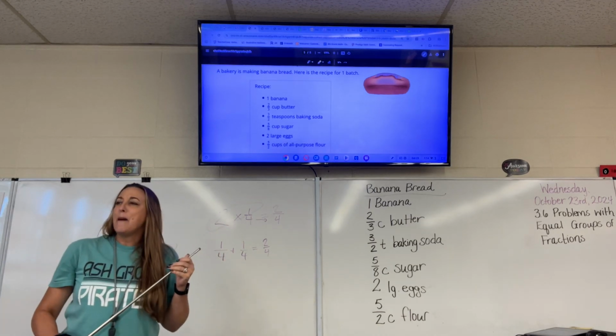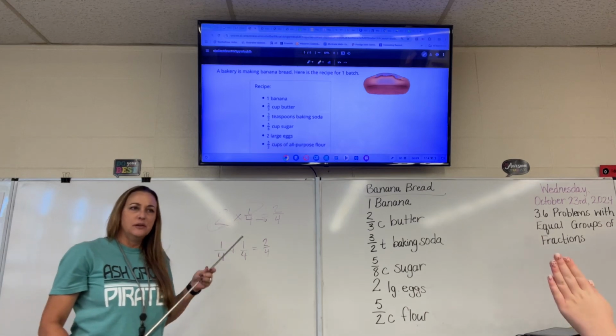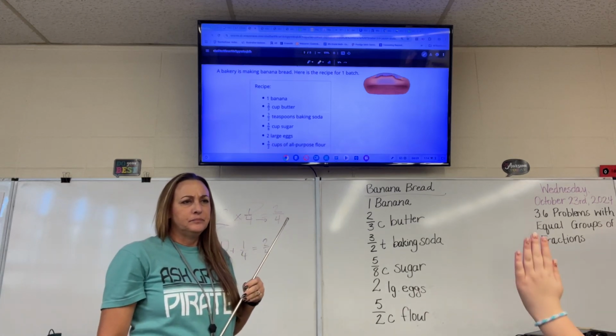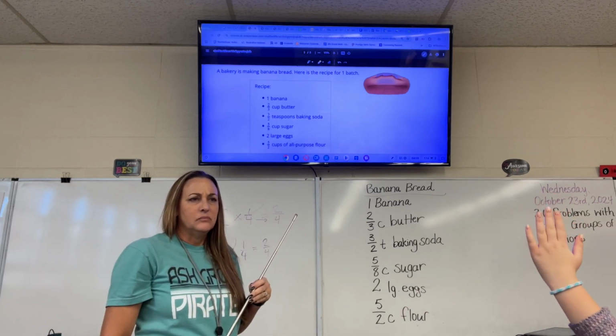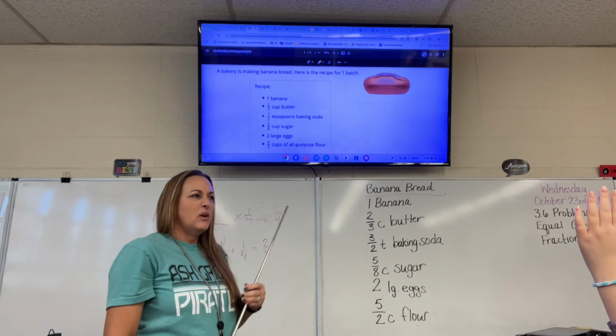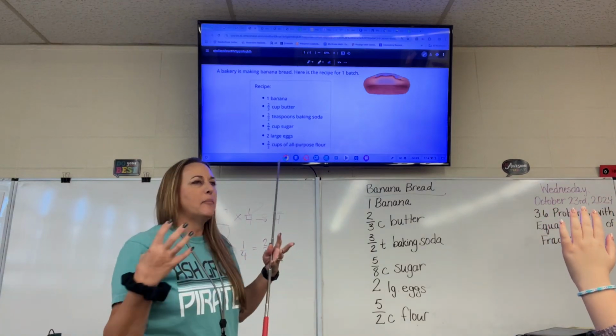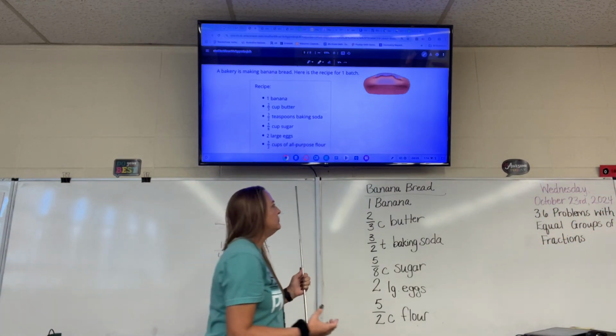What does one batch mean, Fisher? It means it's like one whole of banana bread. One whole, like a loaf or a pan or something like that.